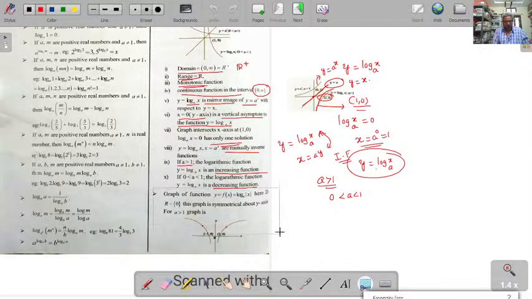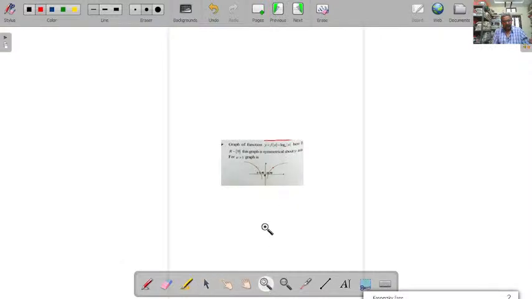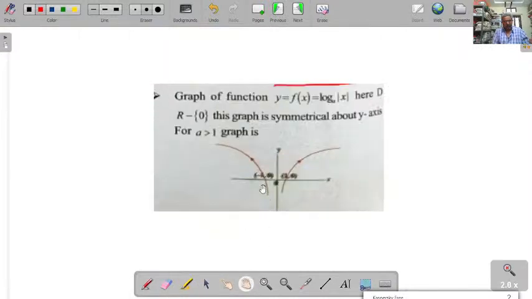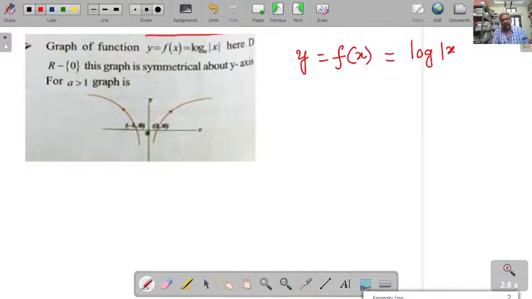So let us move to the graph of this function. The graph of the function y is equal to f of x is equal to log of mod x to the base a. First, what is the domain of this one?